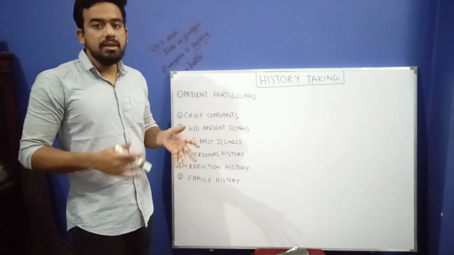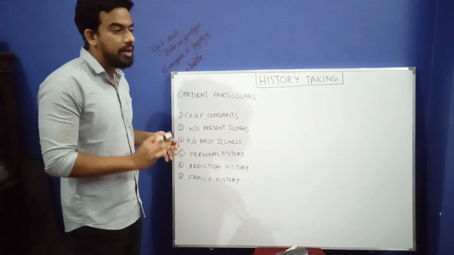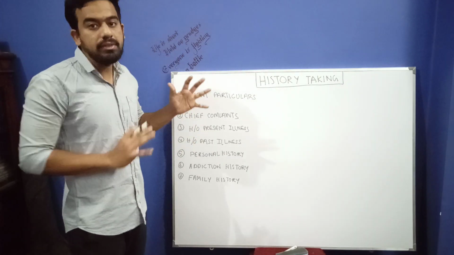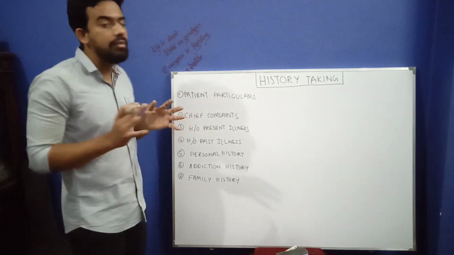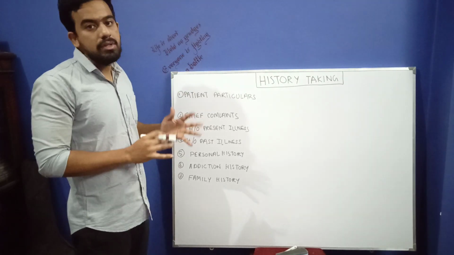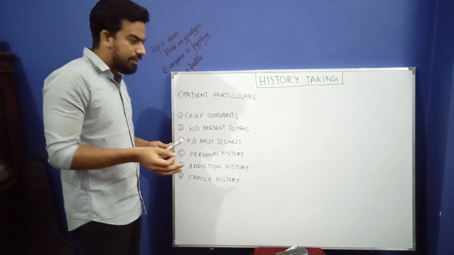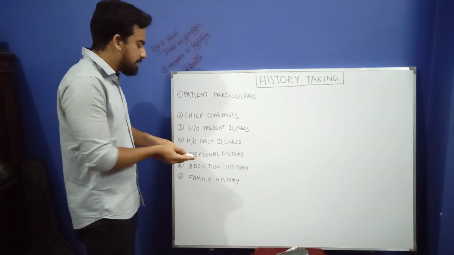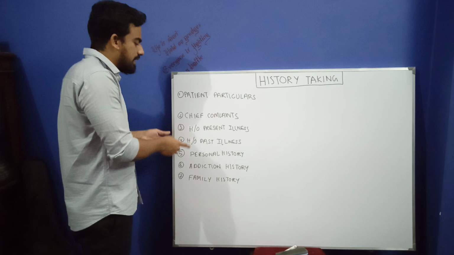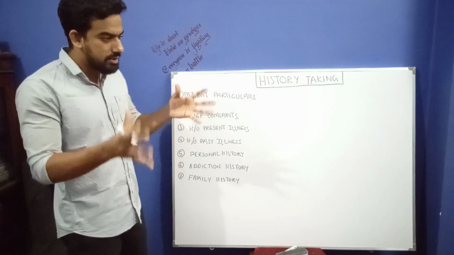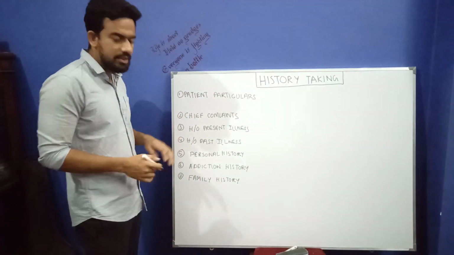It really doesn't matter under which particular heading you put each point. What matters is that at the end of history taking you have all the important information which will help you reach your diagnosis. Unless it's a gross change, it really doesn't matter.